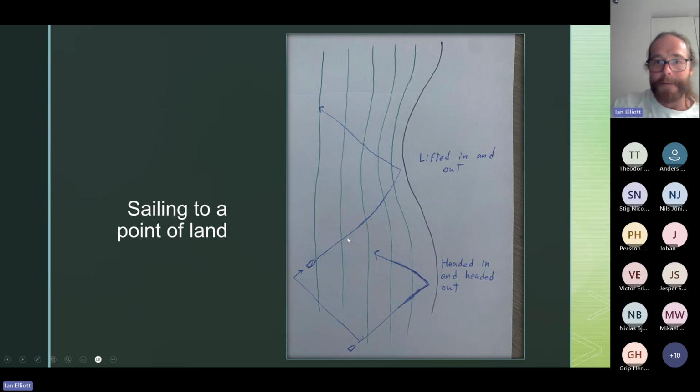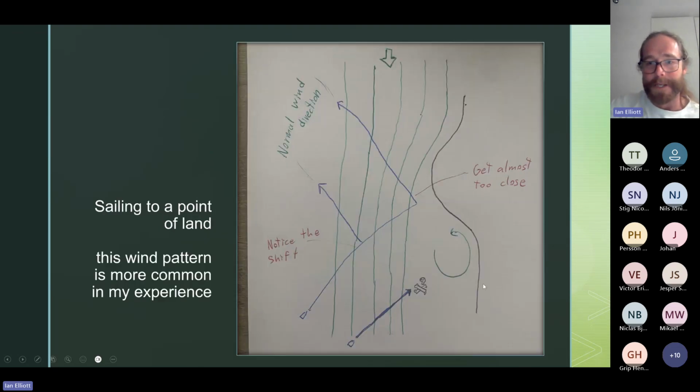I could think of Bjornholmen on Fjoset or the big cliff across from Saltis, or yeah, any number of places. You often have this sort of horrible back eddy situation to leeward of the point, and as you sail towards the point, you don't actually get lifted.